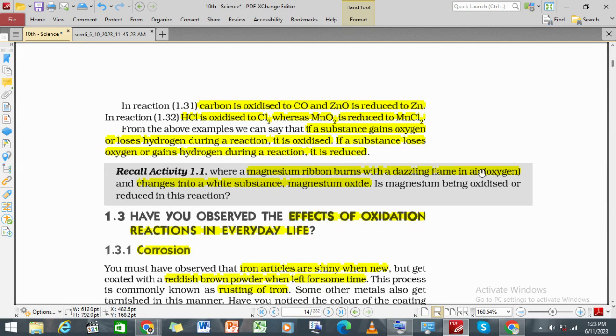And if a substance gains oxygen or loses hydrogen during a reaction, it is oxidized. If a substance loses oxygen or gains hydrogen during a reaction, it is reduced. That means gaining of oxygen and losing of hydrogen means oxidation, and gaining of hydrogen and losing of oxygen is known as reduction.